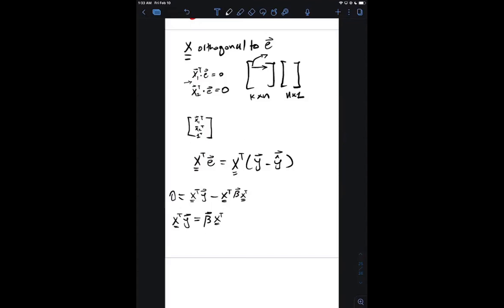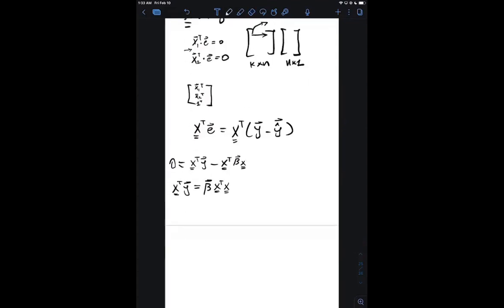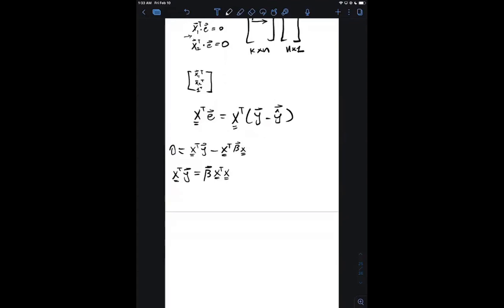Oh, and this, sorry, should not be transpose. Now we can't divide using matrices, but we can multiply by inverses. So we have this, as in the famous formula.